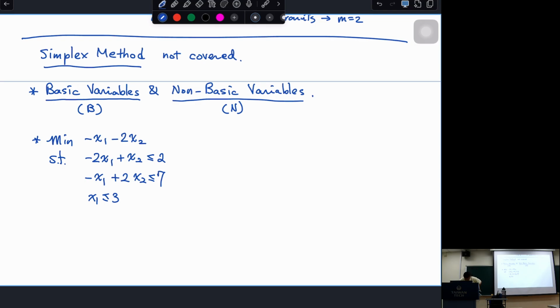Before we start, we need to convert this into an equality constraint problem. So how do we do that?